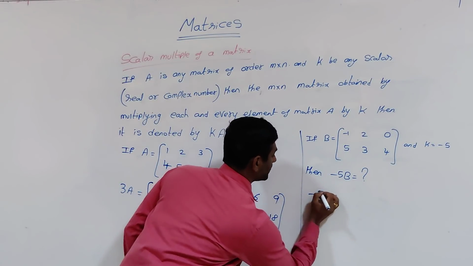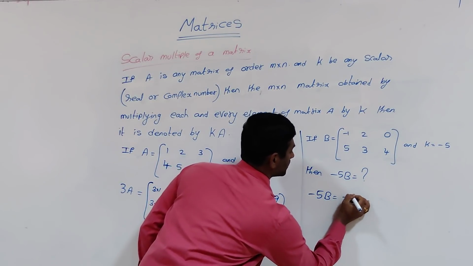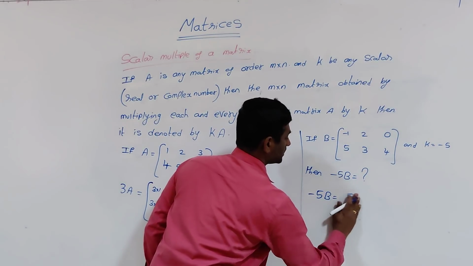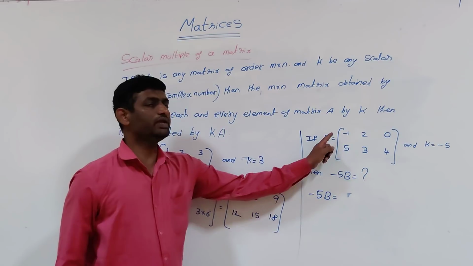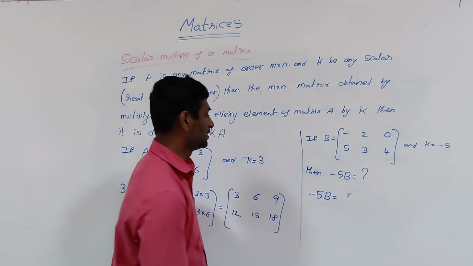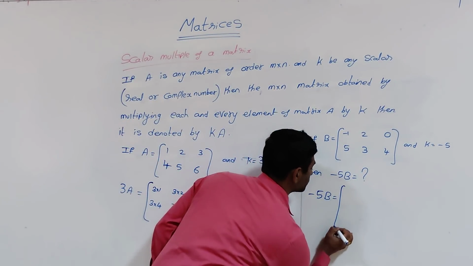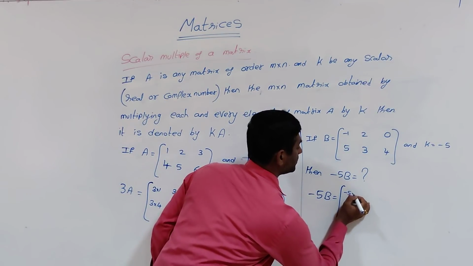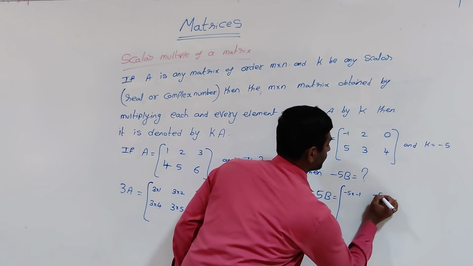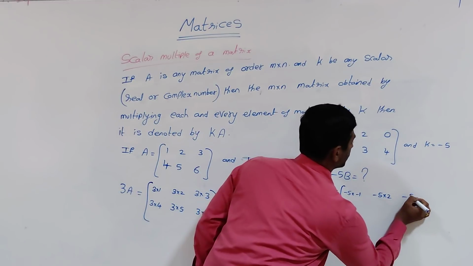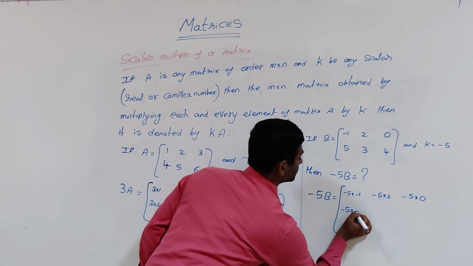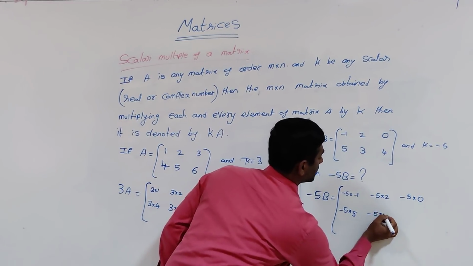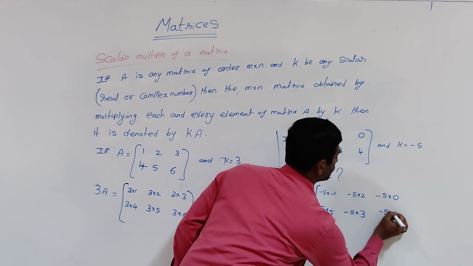Minus 5 is multiplied to each and every element of matrix B. So minus 5 into minus 1, minus 5 into 2, minus 5 into 0, minus 5 into 5, minus 5 into 3, minus 5 into 4.